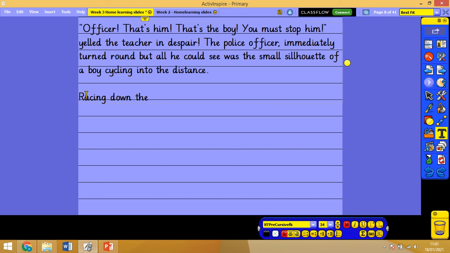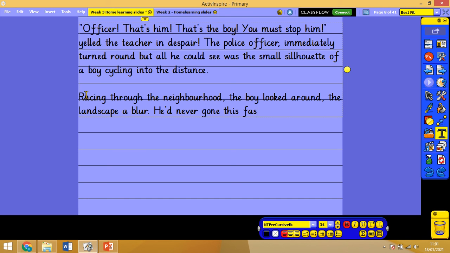Racing through the neighbourhood, the boy looked around, the landscape a blur. He'd never gone this fast. Oh, actually, he'd never dare go this fast in daylight before, but they knew now.